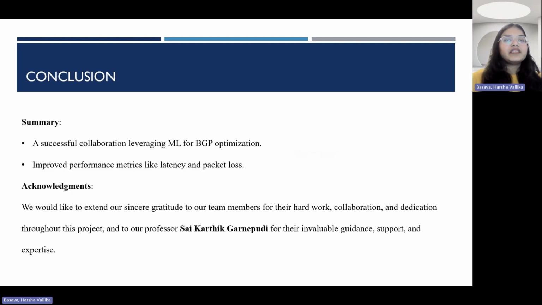And we have tried, I would say tried rather than achieved, leveraging BGP using machine learning algorithms. Related to the project, we have also improved performance metrics like latency and packet loss, and the preference given to them, giving them the utmost priority. We have tried to find the optimal path.